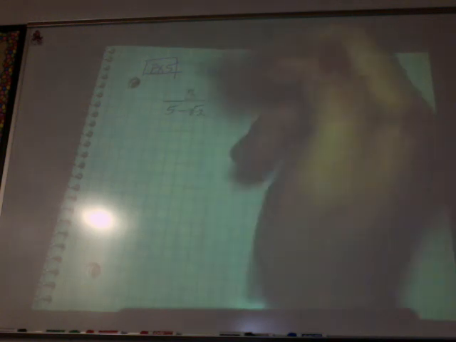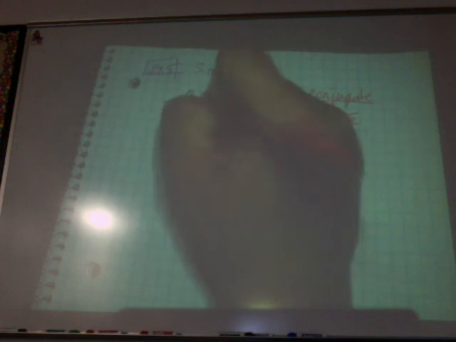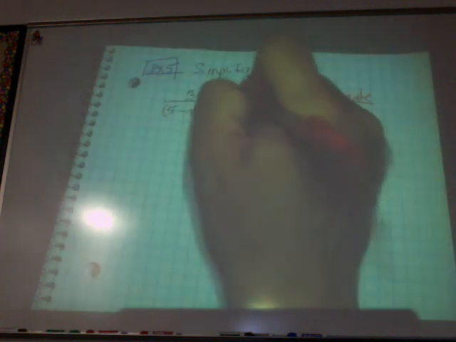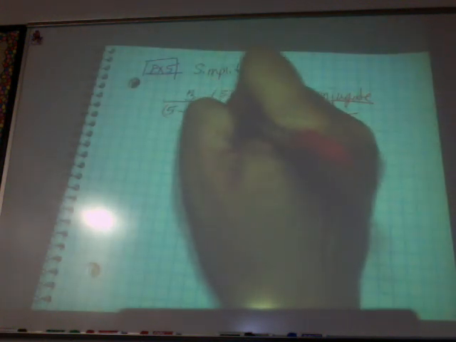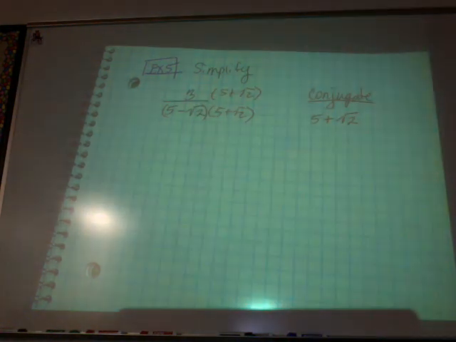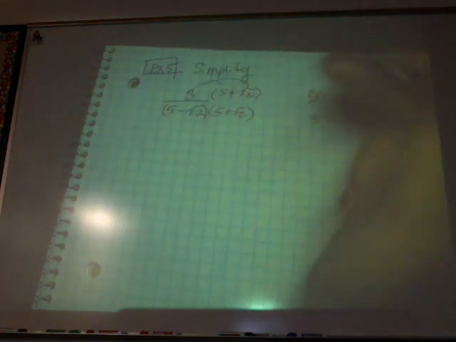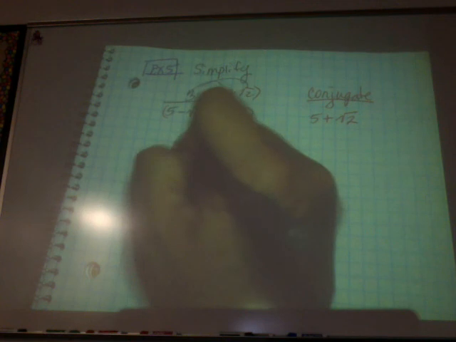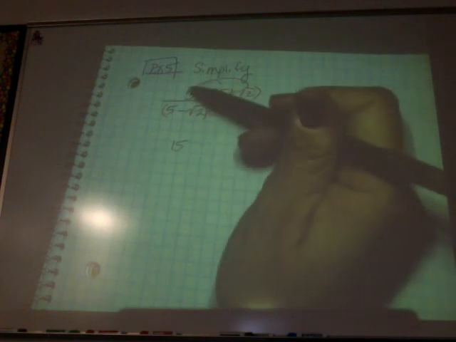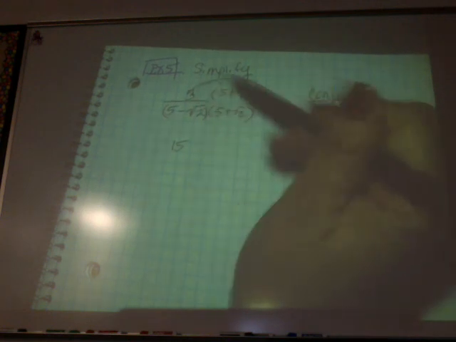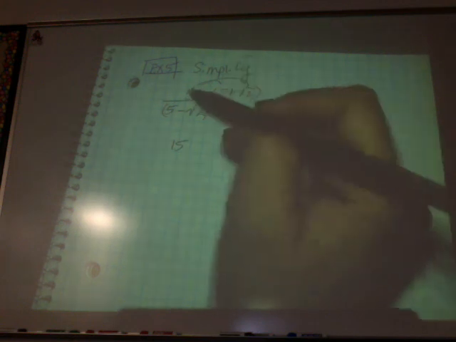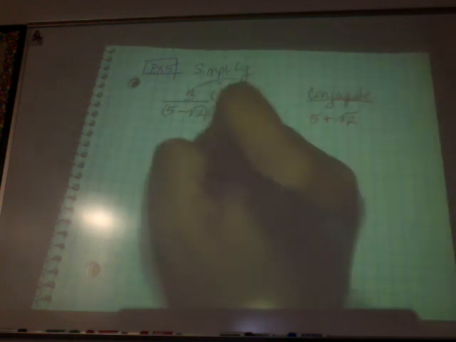All right, so we're going to multiply this, and we're going to use parentheses, by 5 plus the square root of 2 times 5 plus the square root of 2. And so I'm going to distribute the 3. So I get 3 times 5 is 15. When you multiply, you can only multiply what's outside of a radical to what's outside, and what's inside to what's inside. So I can only multiply 3 times 1, which gives me a positive 3.